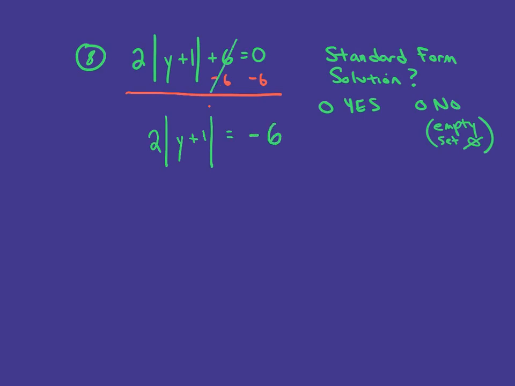Zero minus 6 is negative 6. And then you might divide by 2. We'll get the absolute value by itself. And then we've got the absolute value of y plus 1 is equal to negative 3.